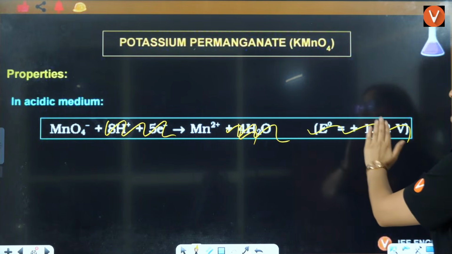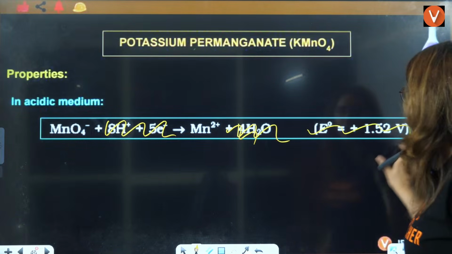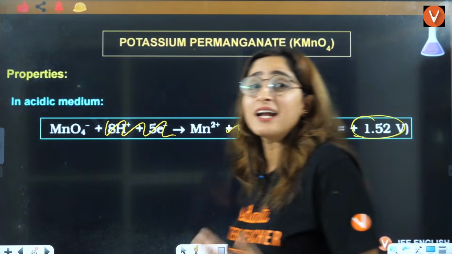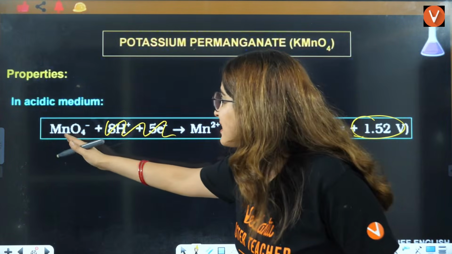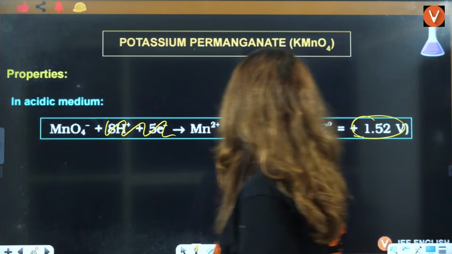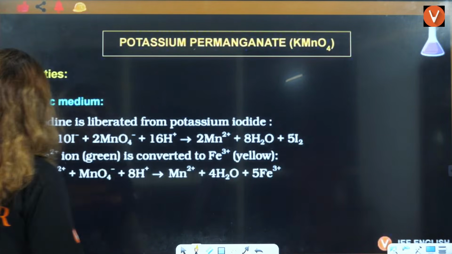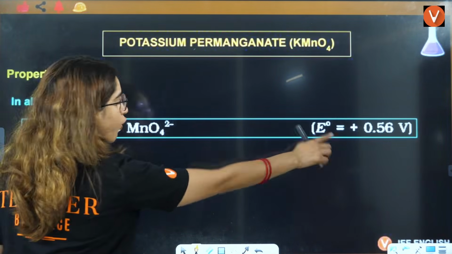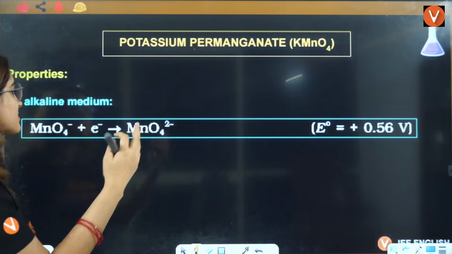It simply means that this reaction is very easily done, right? Its E0 potential is positive. What do I mean by that? That simply means that MnO4 negative is easily converted to Mn2 positive, right? It's very high. If you see this here, it will be low because in alkaline medium it is decreased.